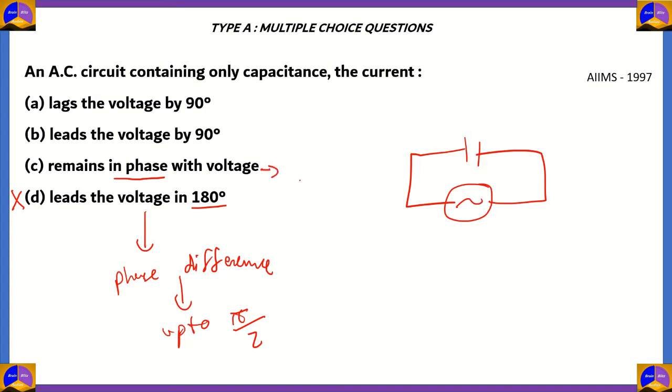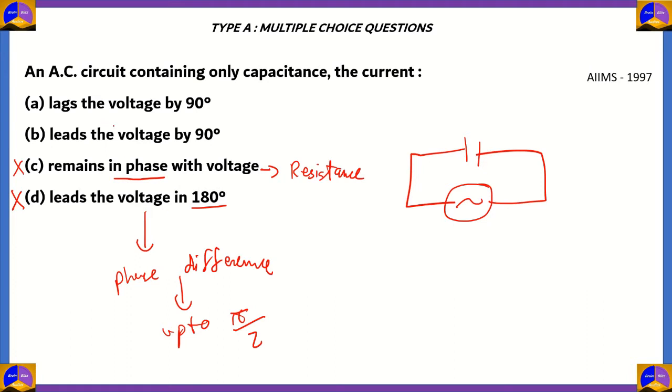This scenario is found when there is only resistance. That means for option C to occur, the alternating EMF must be hooked to a resistor. So option C is incorrect because our circuit contains only a capacitor, no resistors.